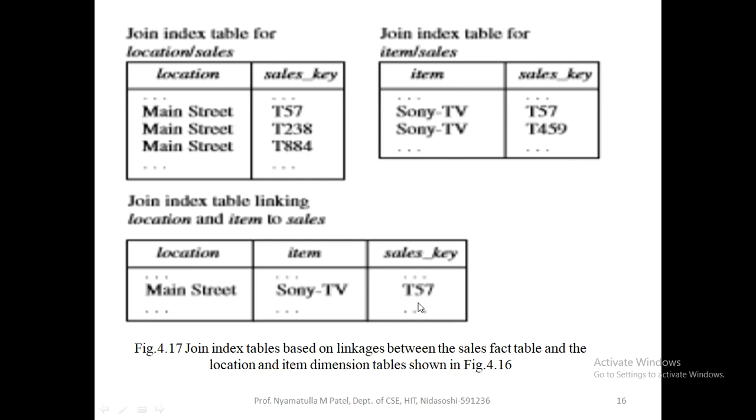sales key is T57. So, here join index table is based on the linkages between the sales fact table and the location and item dimension tables. So, now here everything, all the things which have a common part.